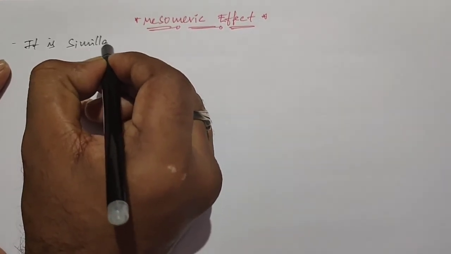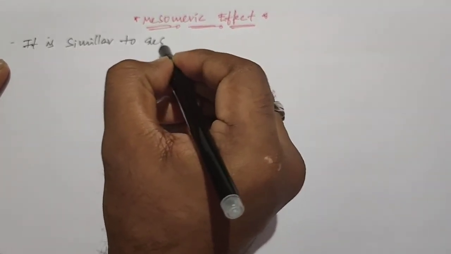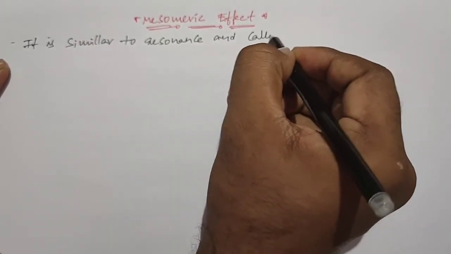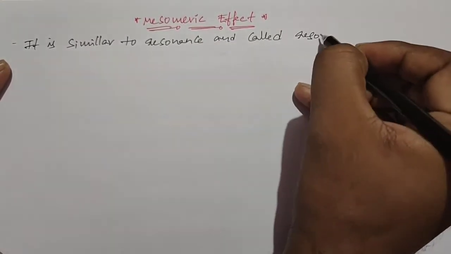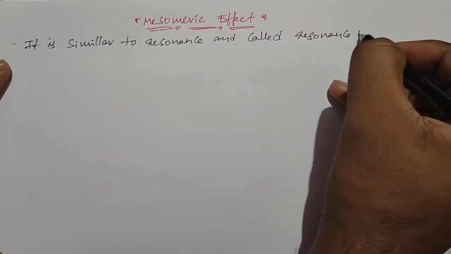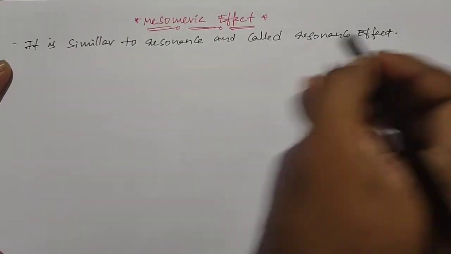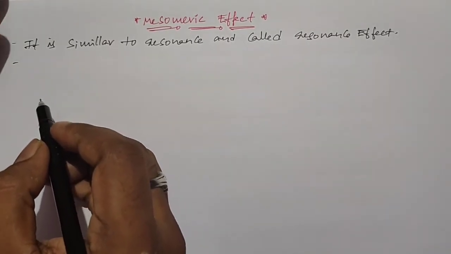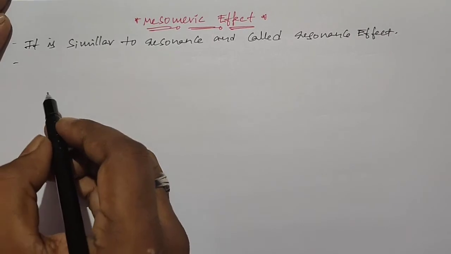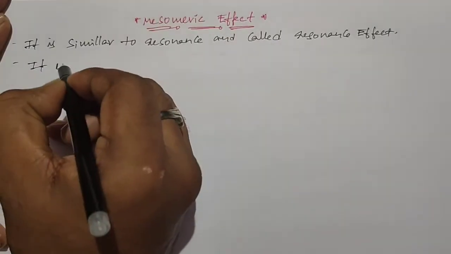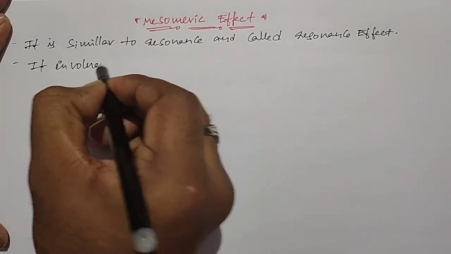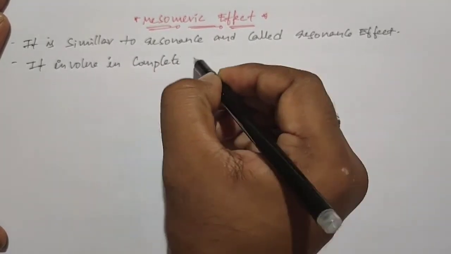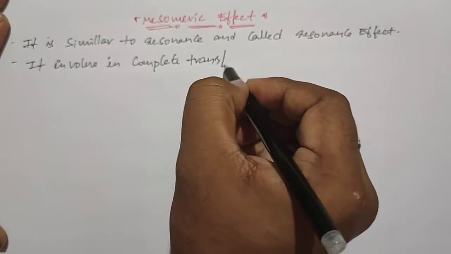It is similar to resonance and is called the resonance effect. It involves incomplete transfer of pi electrons or lone pair electrons towards the more electronegative species.